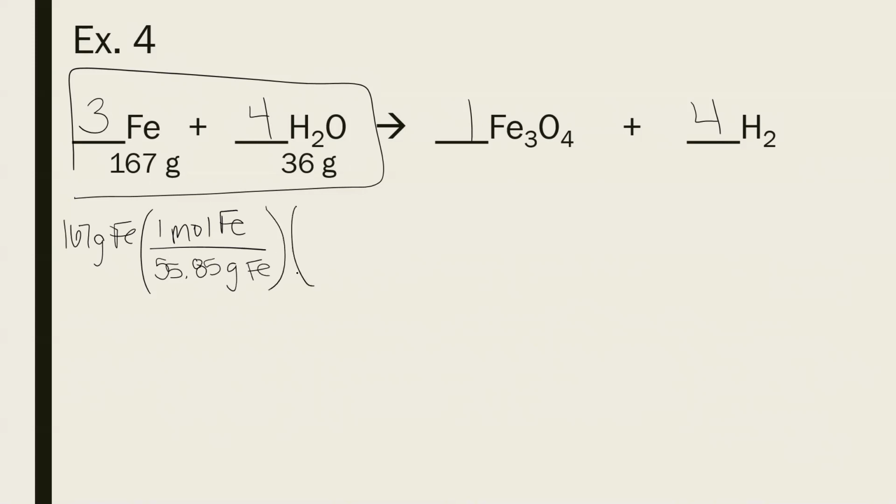Remember, you do not use the coefficients when you're solving for molar mass. You only use the coefficients in the mole ratio area, which I'm doing right now. Biggest mistake people make is they take 3 irons. Nope, it's just 1. It's just this, not the coefficient. Coefficient only gets used in the mole ratio.